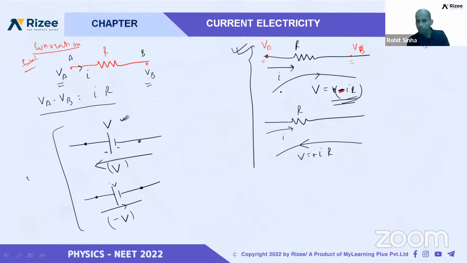So when we are moving in this direction, we are moving from high potential to low potential. See here, when we are moving from high potential to low potential, we are taking minus V. Similarly, high potential to low potential, we take the minus sign. And when we are moving in this direction, from low potential to high potential, we take the positive sign. So to have no confusion, we are using this convention.